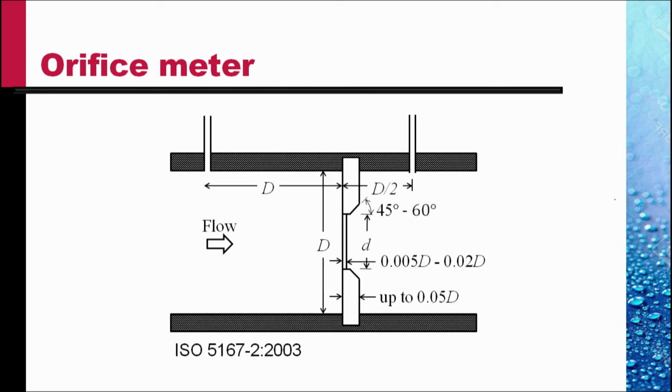Orifice meter is another type of meter. It's an obstruction meter again, and it consists of a plate with a hole, with an orifice, at the center. The tube has a diameter D, capital D, and the orifice has a diameter lowercase d.